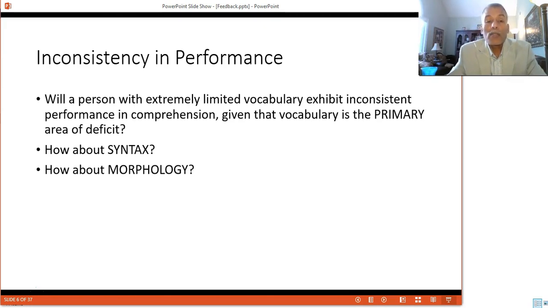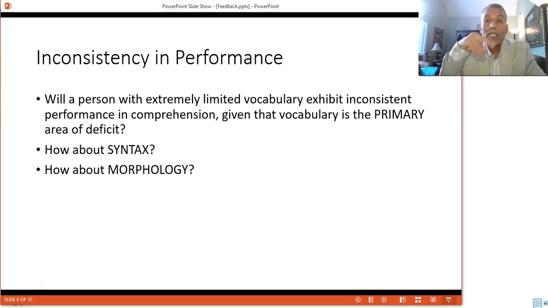So it is vocabulary complexity, if the vocabulary is much below the person's age or ability or above and so on, that is an area that you have to take into consideration. But inconsistencies in paragraph comprehension, if they are caused by vocabulary problems, are diagnostically important. They do not go away. You have to find out why exactly this inconsistency is happening. Is it because of the length, or is it because of the complexity of the vocabulary, which the child doesn't have in the first place?